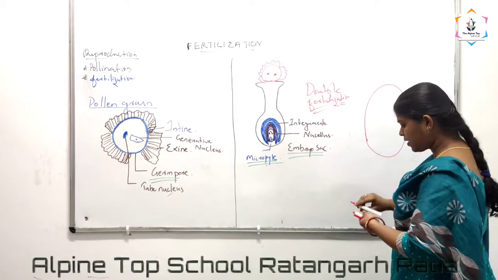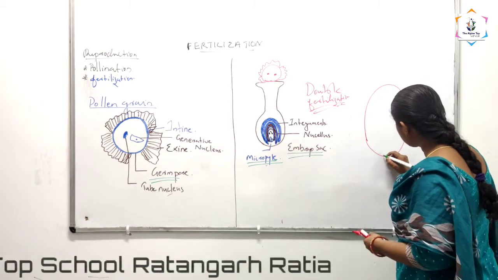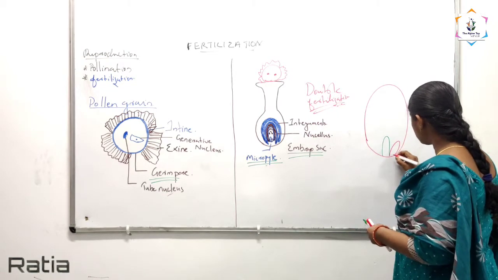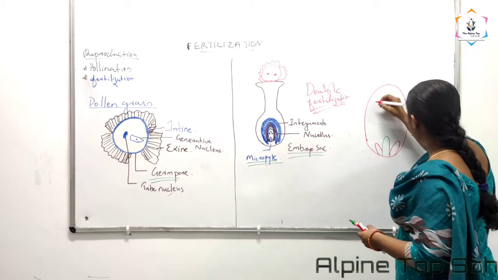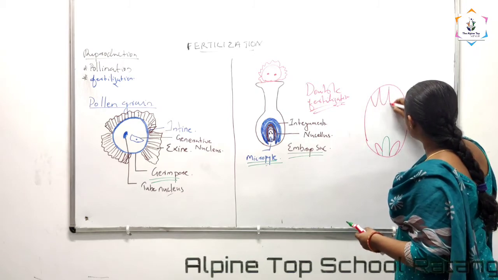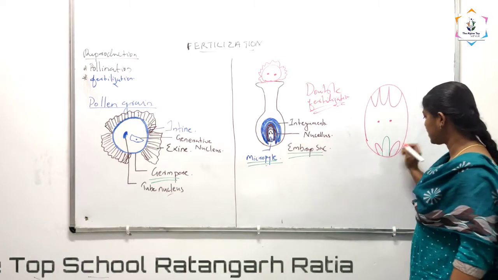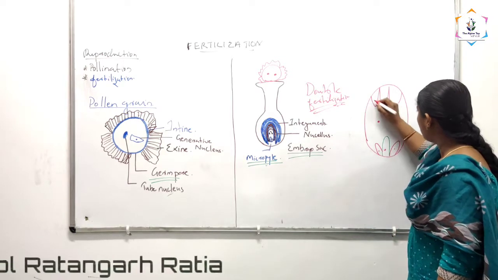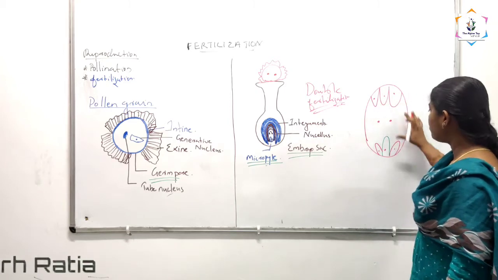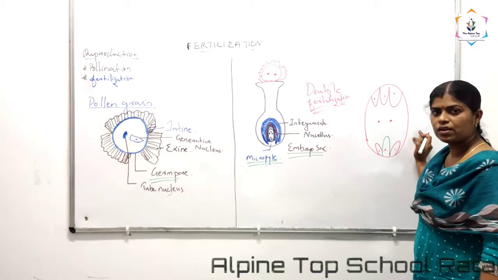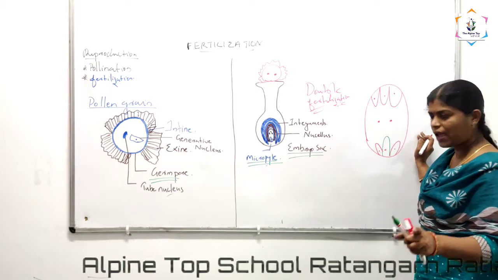This is the embryo sac, and in the embryo sac, centrally placed, one egg cell is there, and beside it there are synergids. Here 3 antipodals were there, and at the center it has got 2 polar nuclei. Like that it goes. So the embryo sac itself, how many cells are there? 8 cells are there. How is it 8 cells?